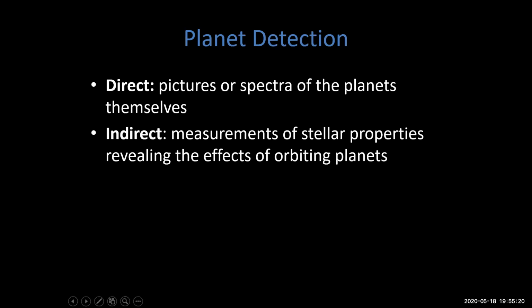And so in order to detect these planets, we have two primary methods of planet detection: the direct methods and the indirect methods.